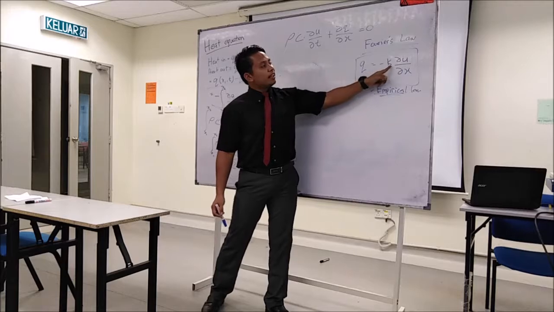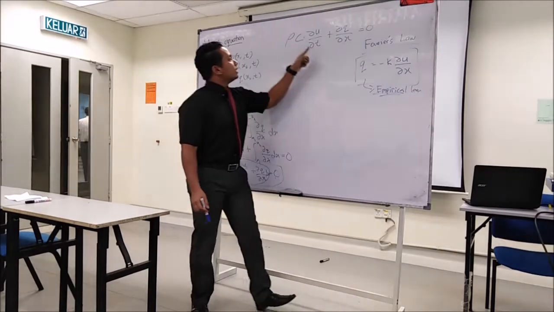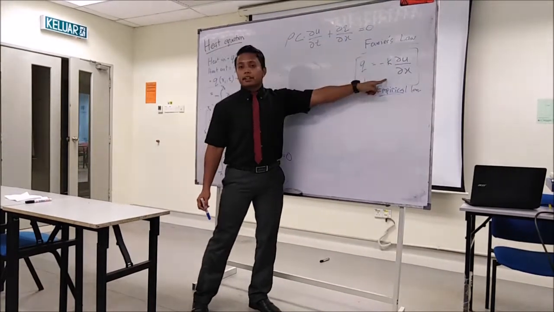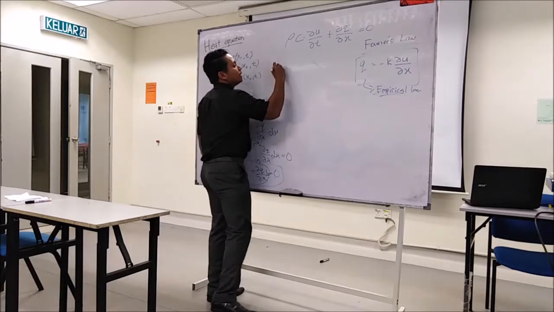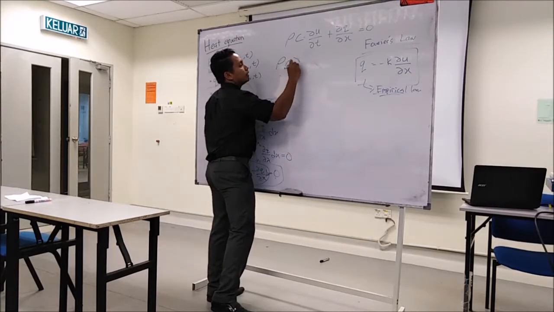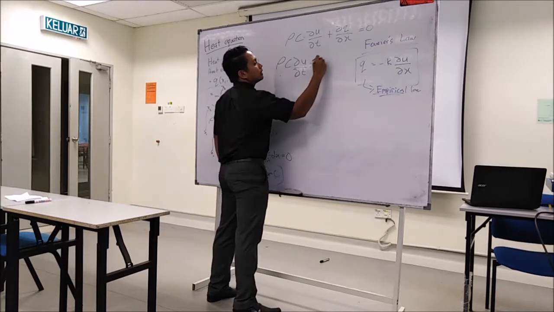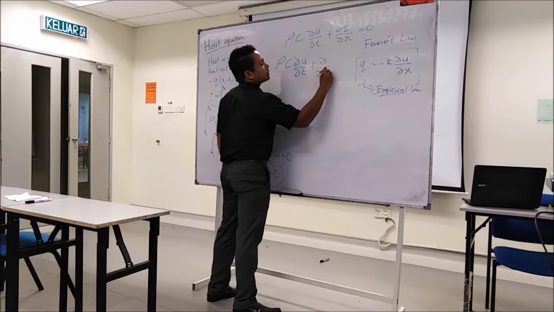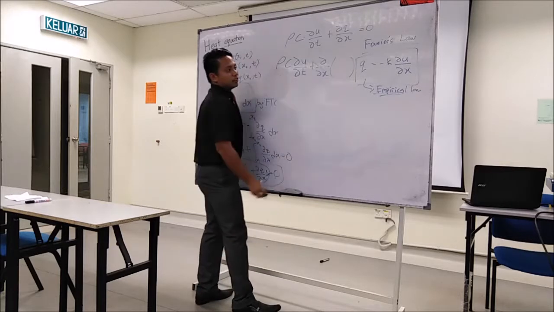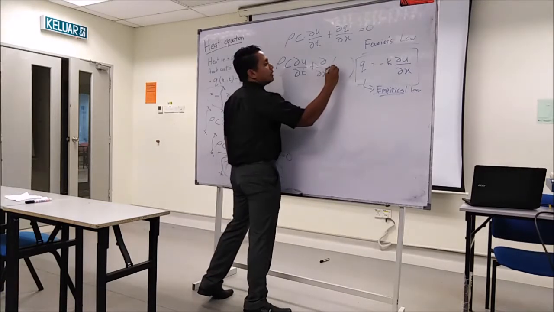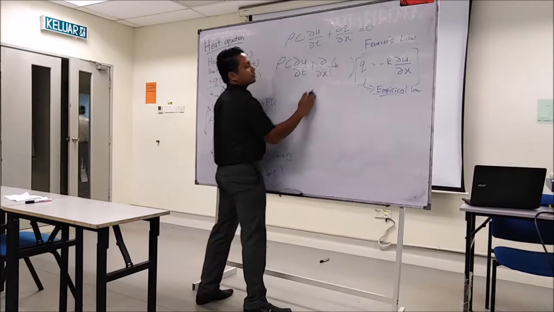q is negative k del u del x. q we can substitute by this. So what happened? We have rho c del u del t plus del x of q. According to Fourier's law, q is negative k.